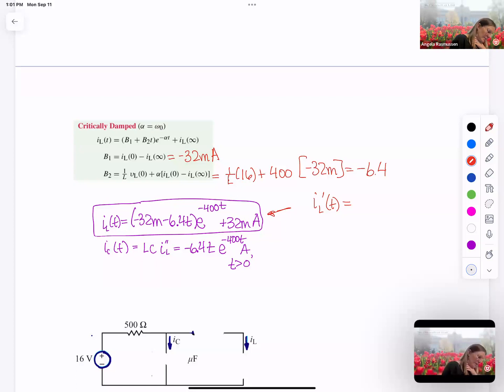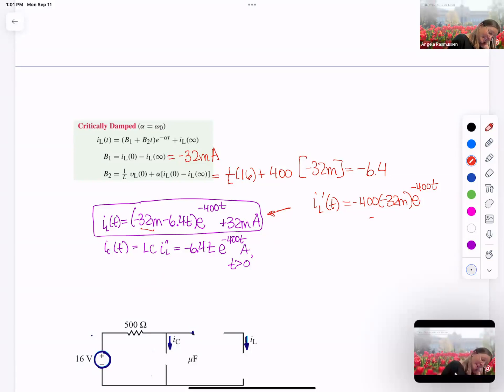So in this case, what will be the first term here? And then for the 6.4t and the e to the minus 400t, I need to leave the first one and differentiate the second part.